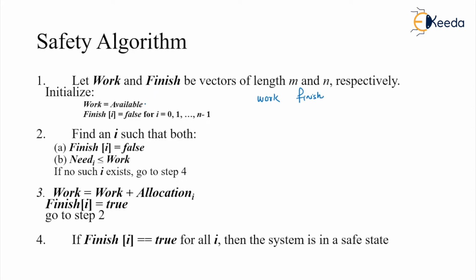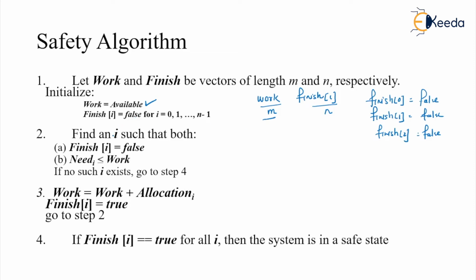Work is equal to Available, and the Work vector is for the m instances, and the Finish vector is for the n number of processes. Initially, if we have 3 processes, then we say Finish[0] is equal to false, Finish[1] is equal to false, and Finish[2] is equal to false. So none has finished till now.